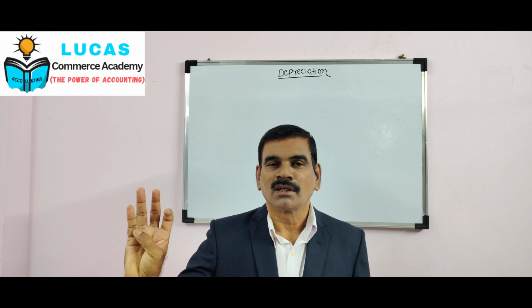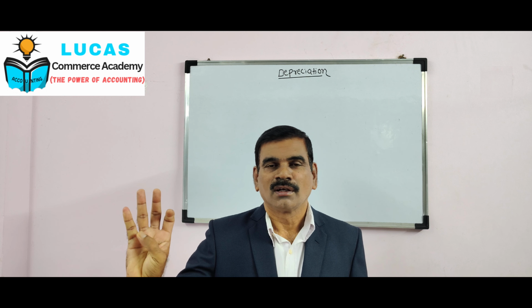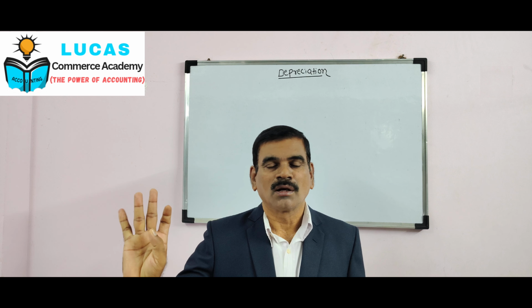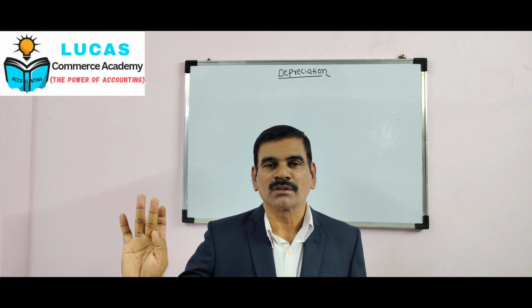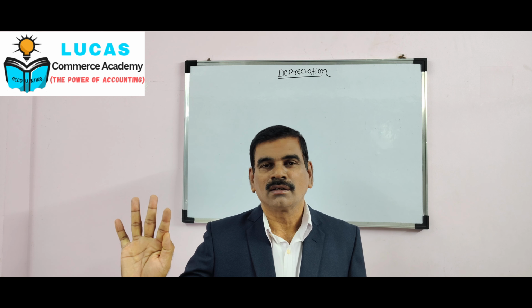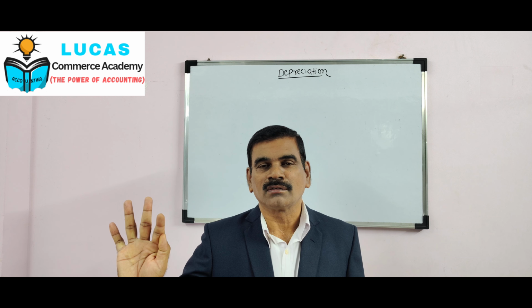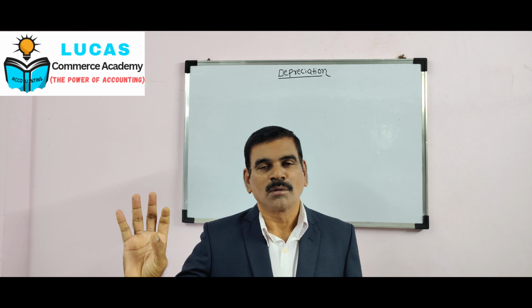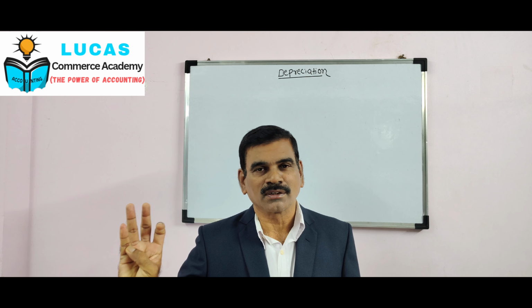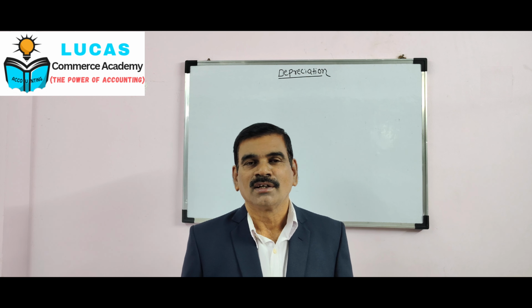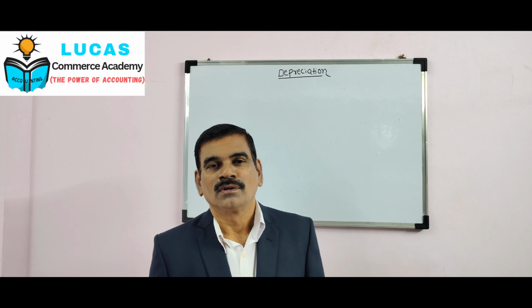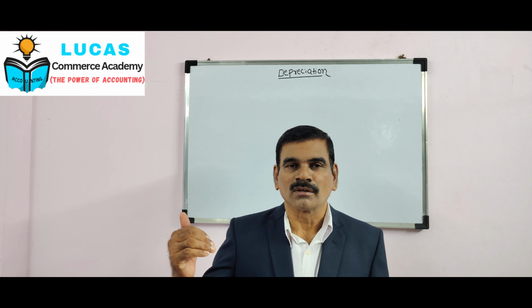Number six, revaluation method. Number seven, depletion or output method. Number eight, machine hour rate method. Number nine, sum of digits method. Number 10, mileage method. Number 11, kilometers method. So these are the methods for providing depreciation. Let us discuss one by one.